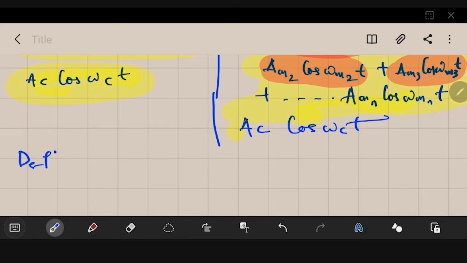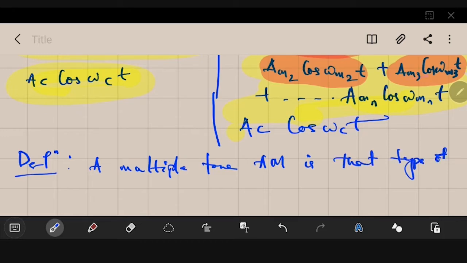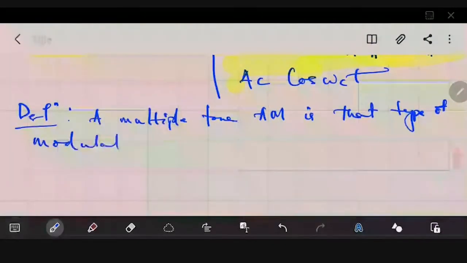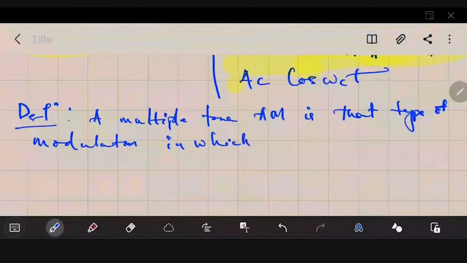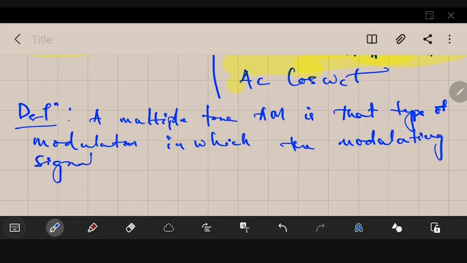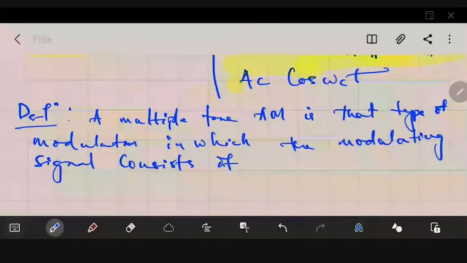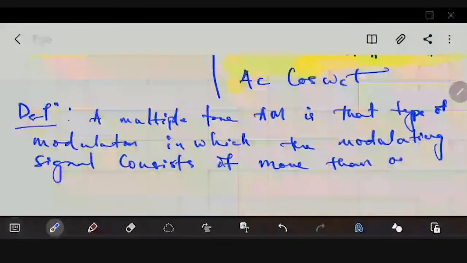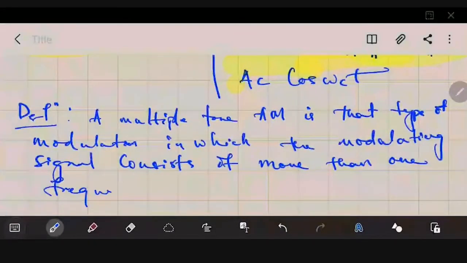The definition: a multiple tone amplitude modulation is that type of modulation in which the modulating signal consists of more than one frequency component.